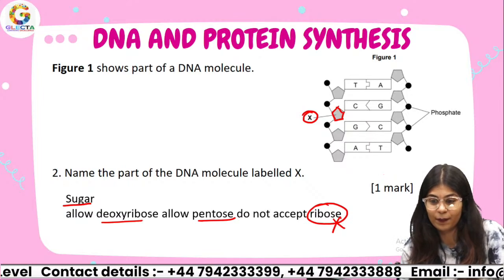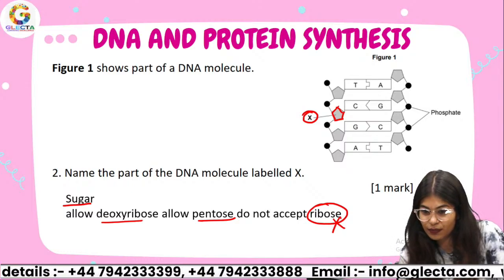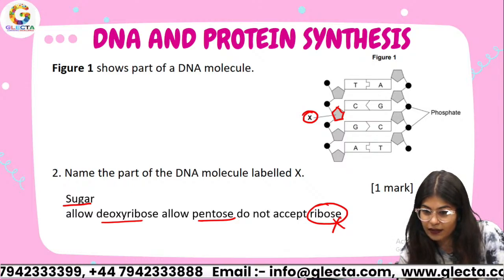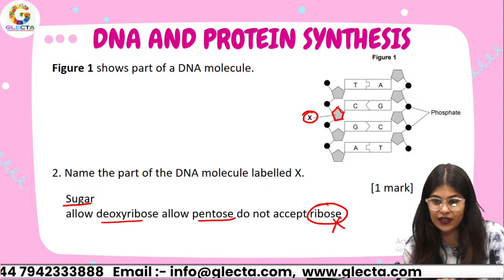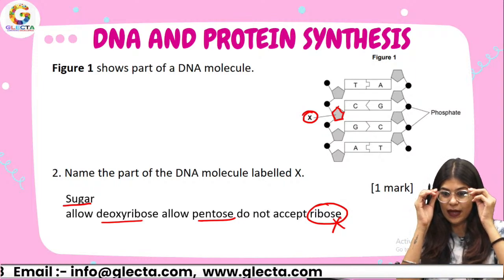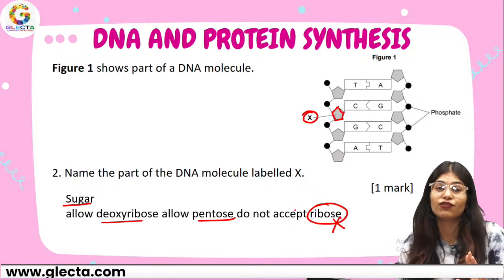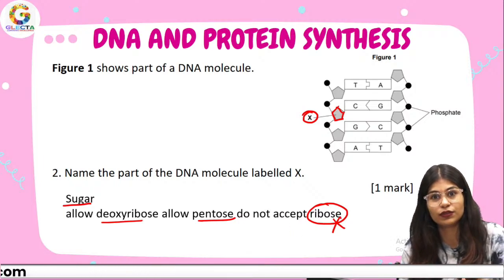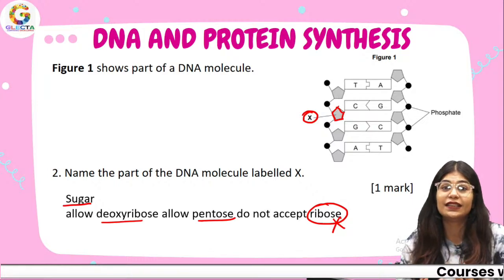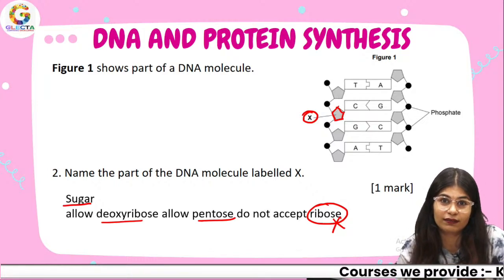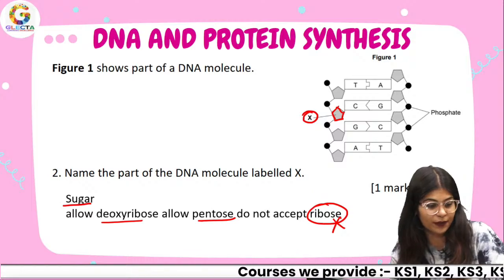That would be wrong. Pentose sugar, yes, that is correct everyone. So it is the pentose sugar. So don't say ribose. If you have to name the sugar for some reason, say deoxyribose sugar. Don't say ribose, that would be wrong.